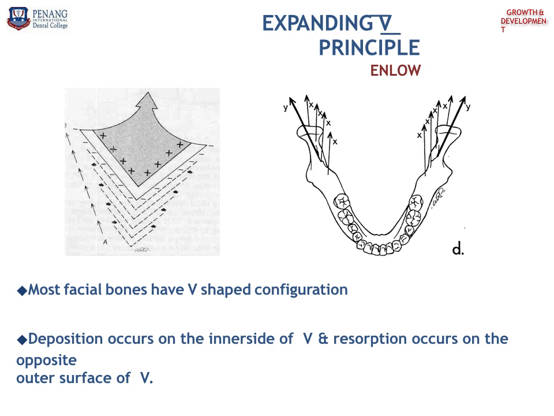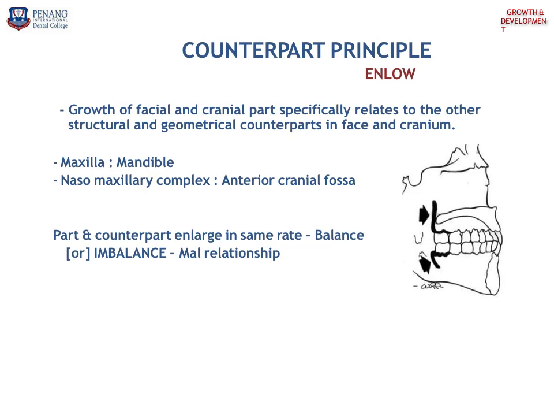So with time there is deposition on the inner side, and the V keeps expanding and expanding. It actually claims that most of the facial bones have this V-shaped configuration, and we can predict the growth by predicting the next V. The counterpart principle, again by the same author, says that yes, bones are growing in the shape of a V, and they also have a counterpart.